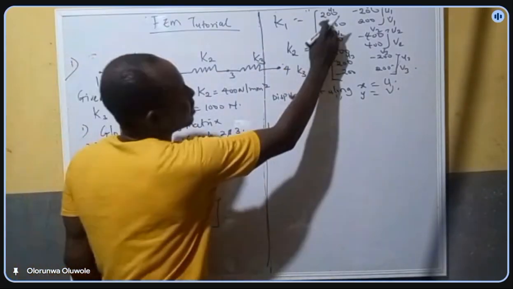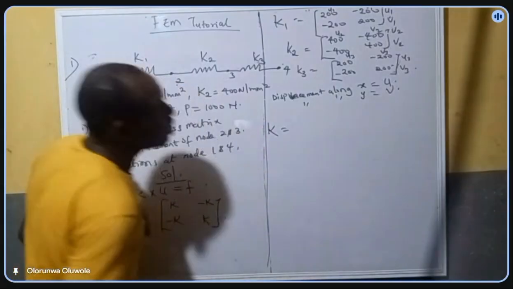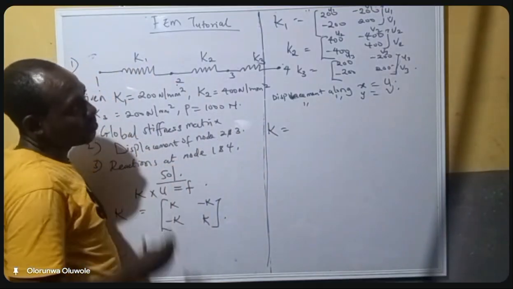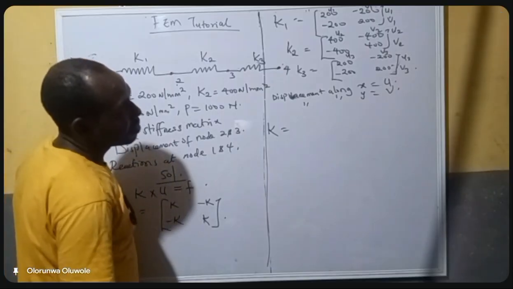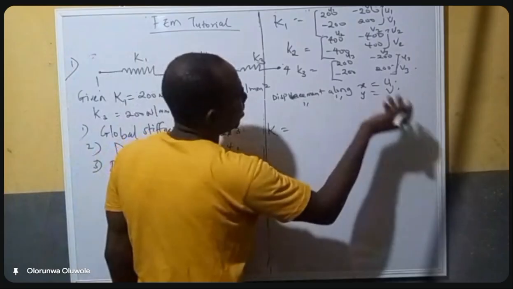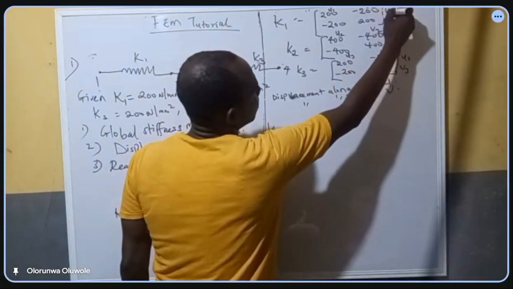Do you see what I wrote here? U1, V1, U2. Why can't you use U1, U2, U3 so that you can follow? Okay if you want it that way.